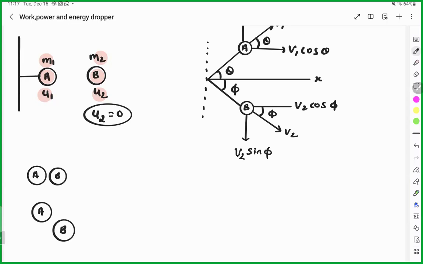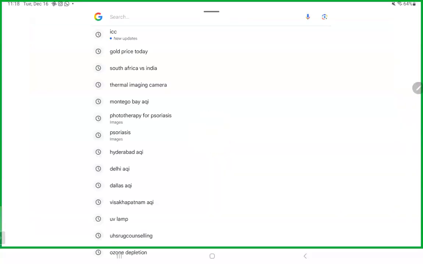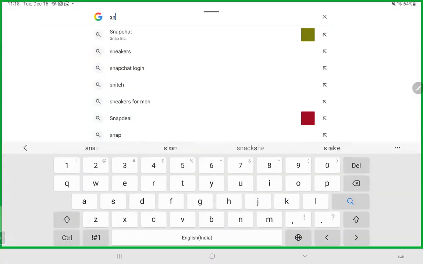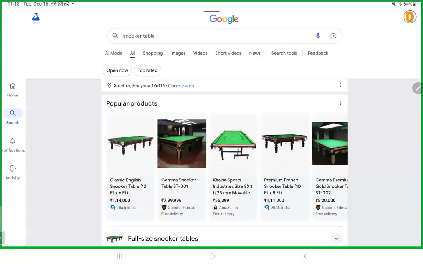There are a lot of balls on the table and you hit them and then you pot them, like a carom board but with a stick. I forgot this name. Probably it could be snooker or pool. Like a pool. Pool is smaller, snooker is larger. This one? Yes, sir. Snooker.